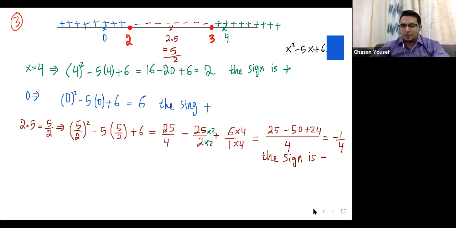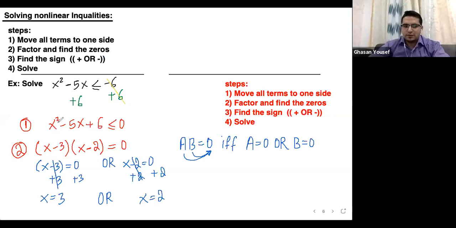Now we have to go to step number 4. The step number 4, we have to solve. So the question is, find the solution for x squared minus 5x plus 6 less than or equal 0. What does that mean? Less than or equal 0?